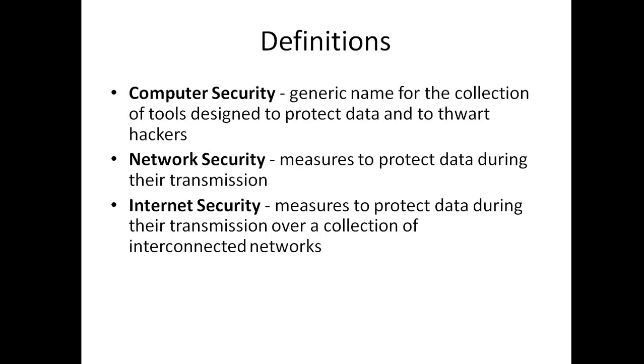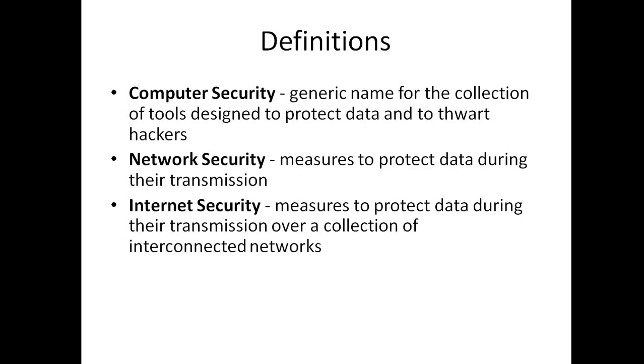Using the network we transmit the data, and that data will be protected with the help of some network security mechanisms. Those tools, techniques, or algorithms which come under network security, we call network security algorithms.